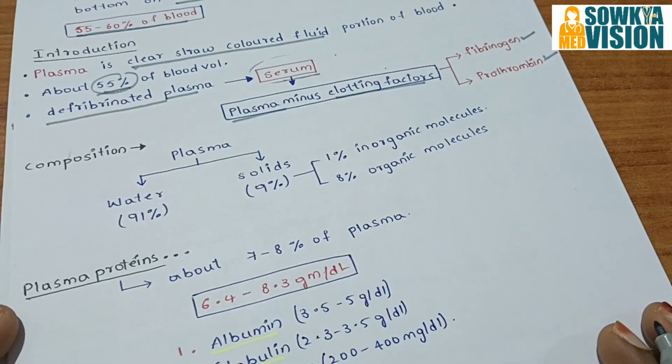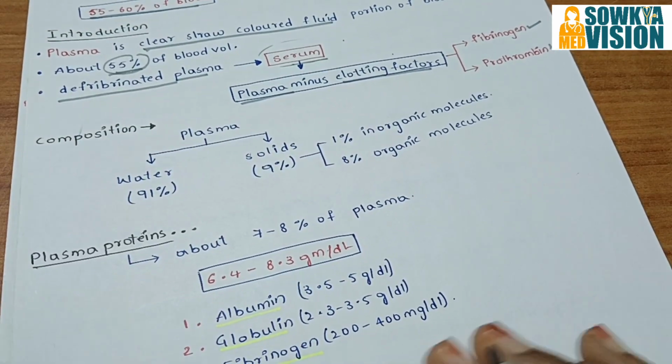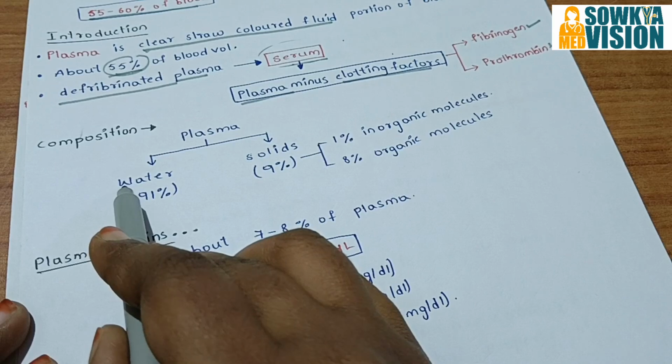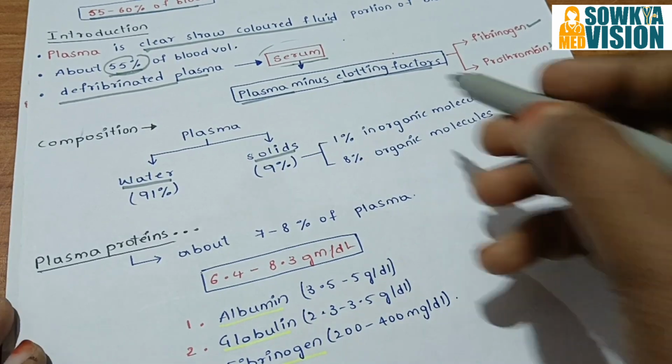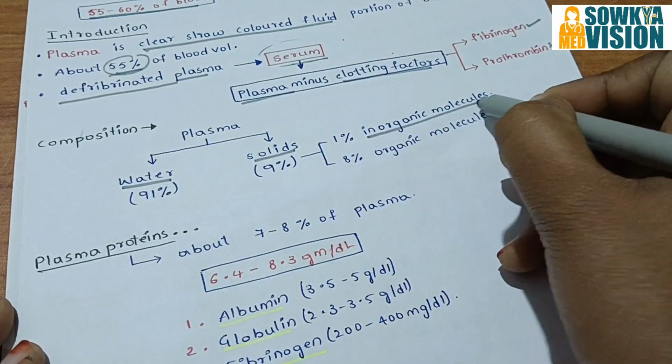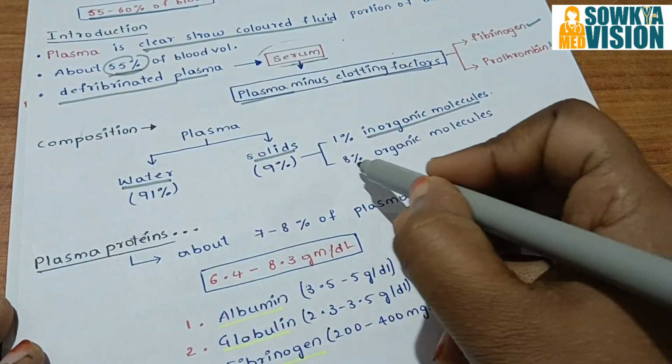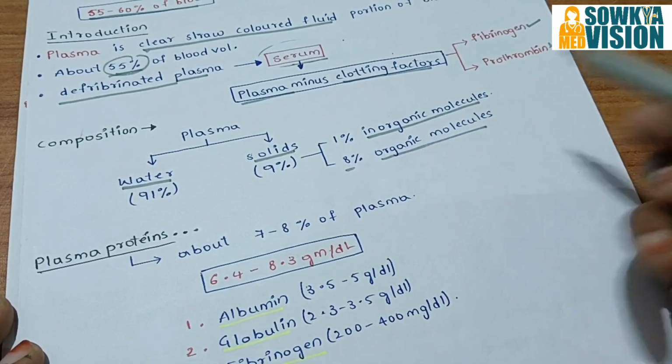And now let's see the composition of the plasma. Plasma contains water and solids. The majority is water, 91%, and the solids are 9%, of which 1% is inorganic molecules and 8% organic molecules.